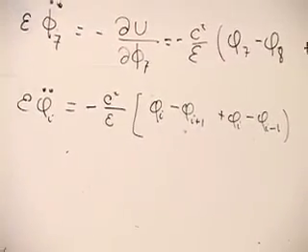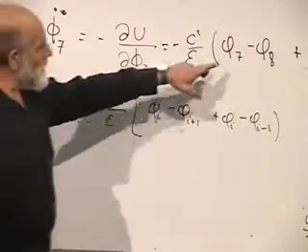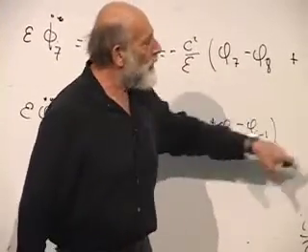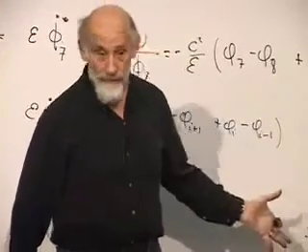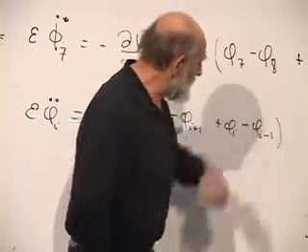So basically what's happening is the 7th spring is being pulled by both the 8th and the 6th spring. Okay? And each one of these appears there.